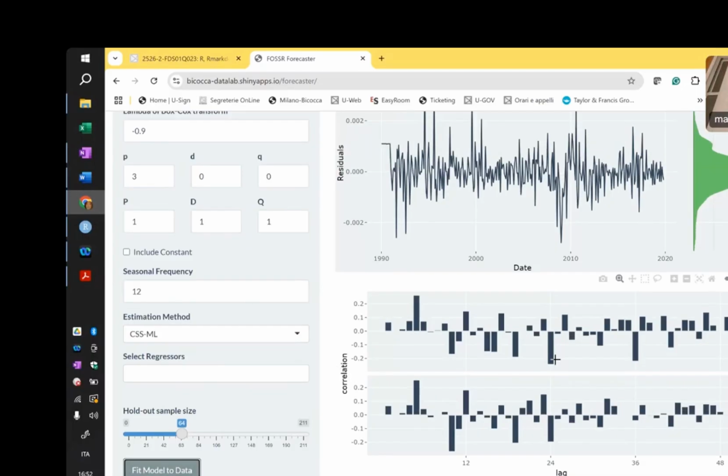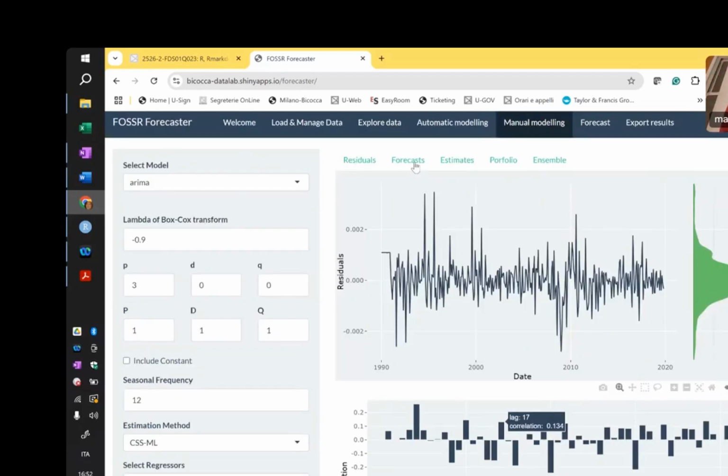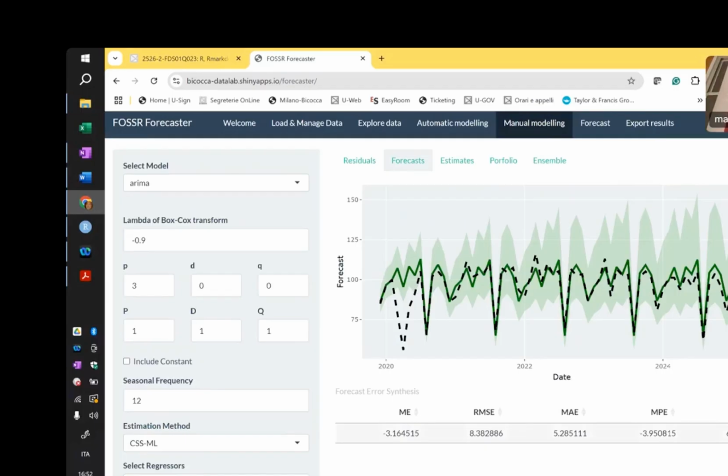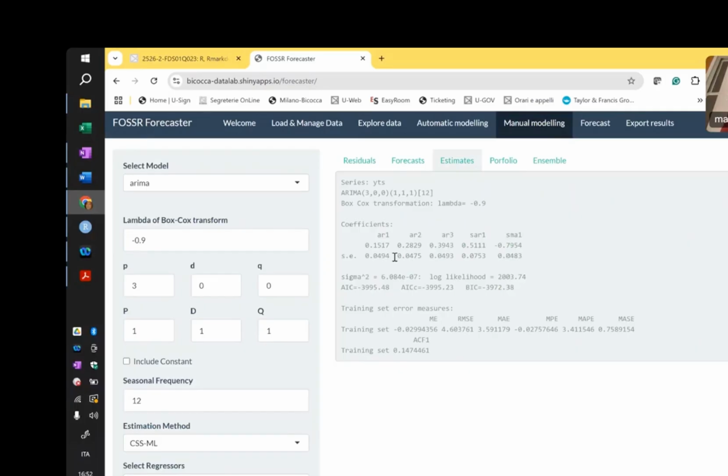I mean, it didn't fix this. As I told you, it's probably just because things have changed in time, and maybe making this time series shorter would solve the problem. We can check the forecast. So the forecasts are actually slightly worse than the other ones. What about the estimates?